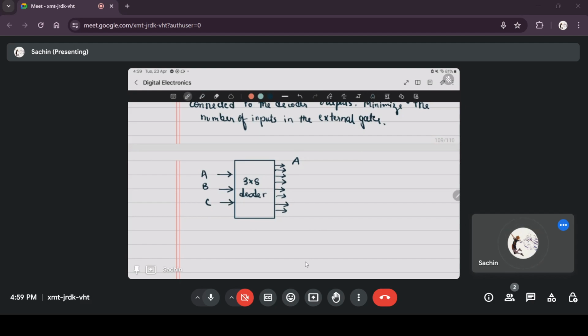The first output can be considered to be A bar B bar C bar, because the first line is only high when A is 0, B is 0, and C is 0. So it is the minterm M0. Similarly, this is minterm M1, M2, M3, M4, M5, M6, and M7. So the decoder is actually giving you all the minterms at once, the value of all the minterms.